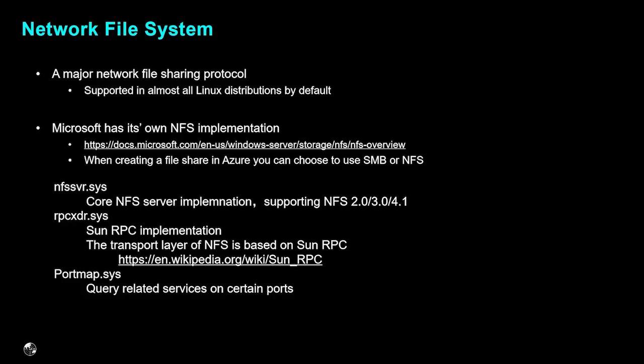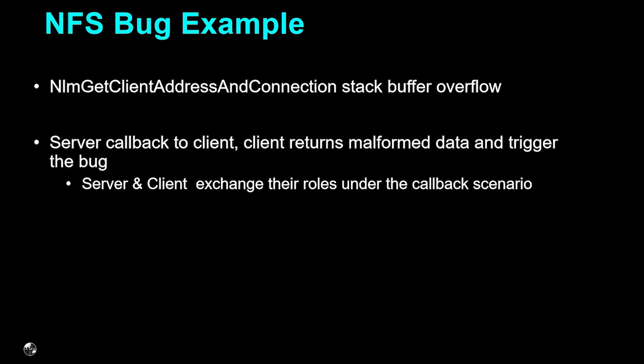And next is the Network File System. NFS is a major file sharing protocol, and Microsoft also has its own implementation using kernel drivers. We found some bugs in Windows NFS, and here is one example.